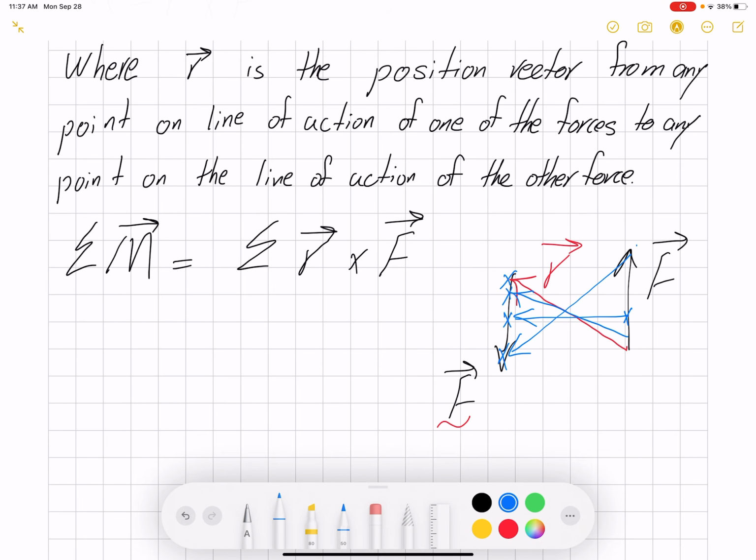And at the end, you're going to get the same answer. The cross product will take care of our moment. So we have multiple options when it comes to the position vector for a couple moment.